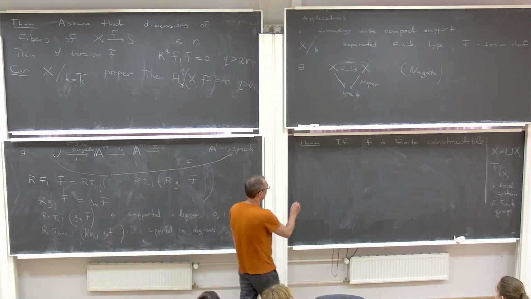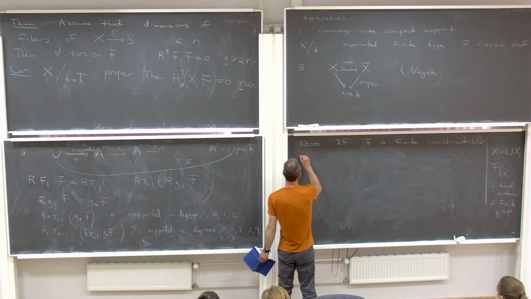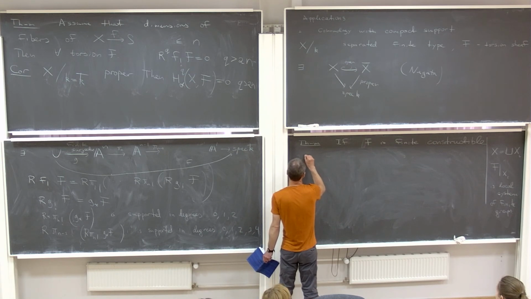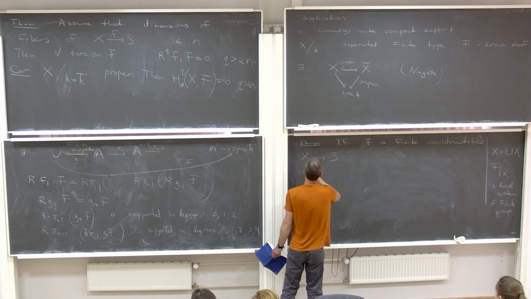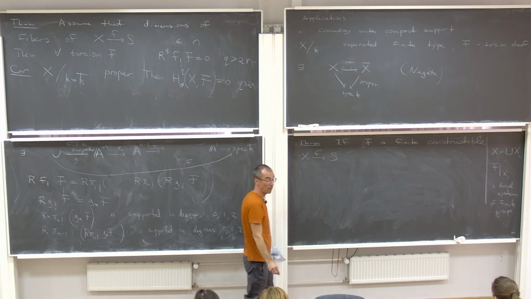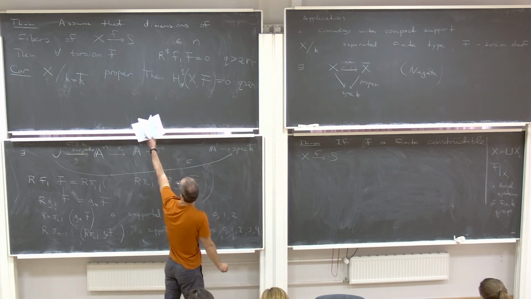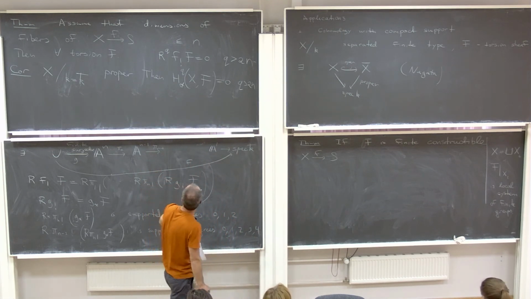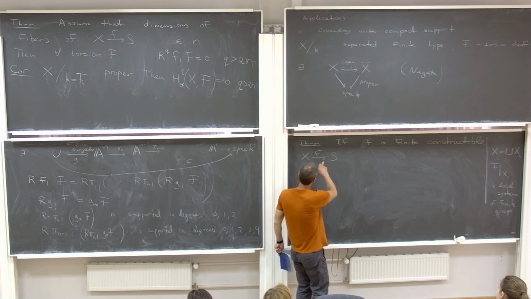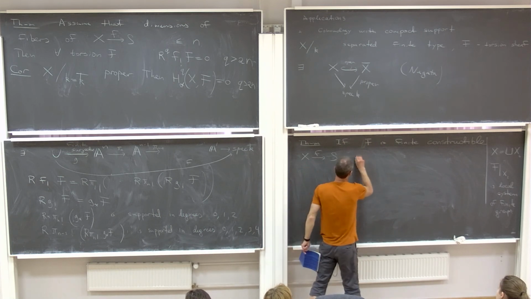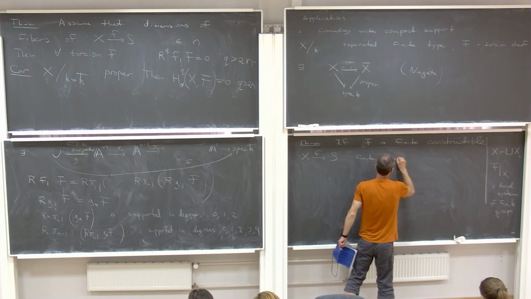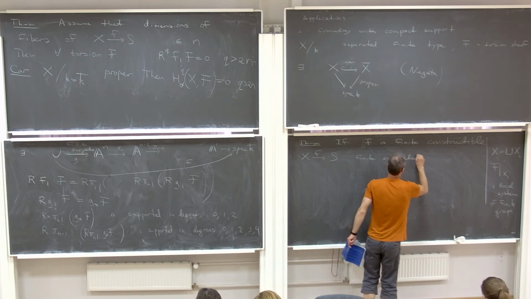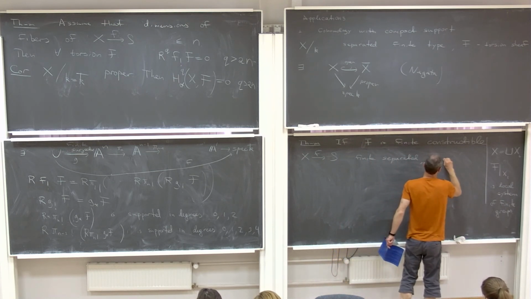So if F is finite constructible, and you have any reasonable morphism of finite type, as before, finite type and separated, Noetherian.